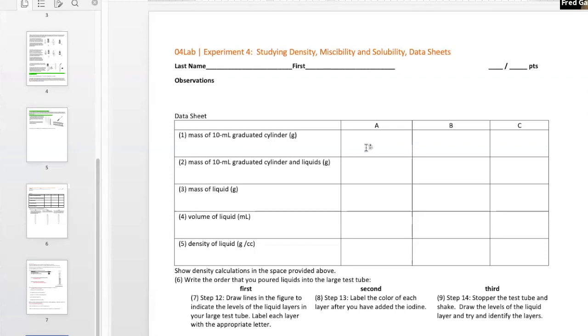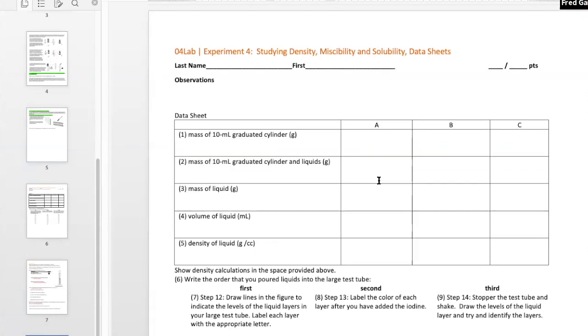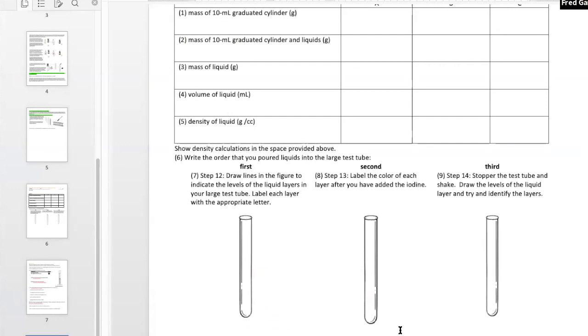And because these are different liquids, then they should have different densities. And then once you have them in the 3 separate containers, you only need 2 test tubes, because the third one could be your 10 mil grad cylinder. That could be the third container. That way you could minimize the glassware that you use.